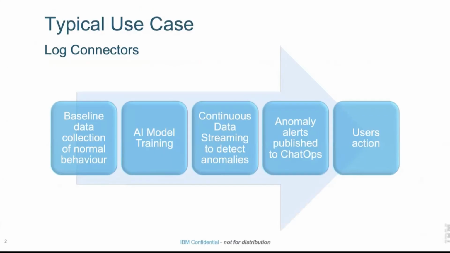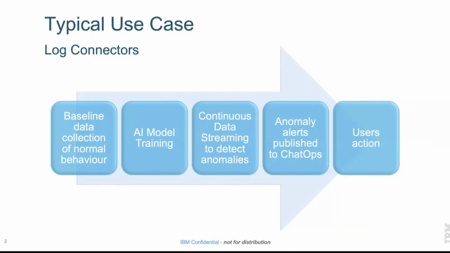In a typical AIOps use case, users configure connectors to gather data from various sources, such as logs, events, and metrics, which is then sent for AI model training to establish a baseline of normal behavior. After the training is complete and the AI models are deployed, the connectors are enabled for continuous data streaming.